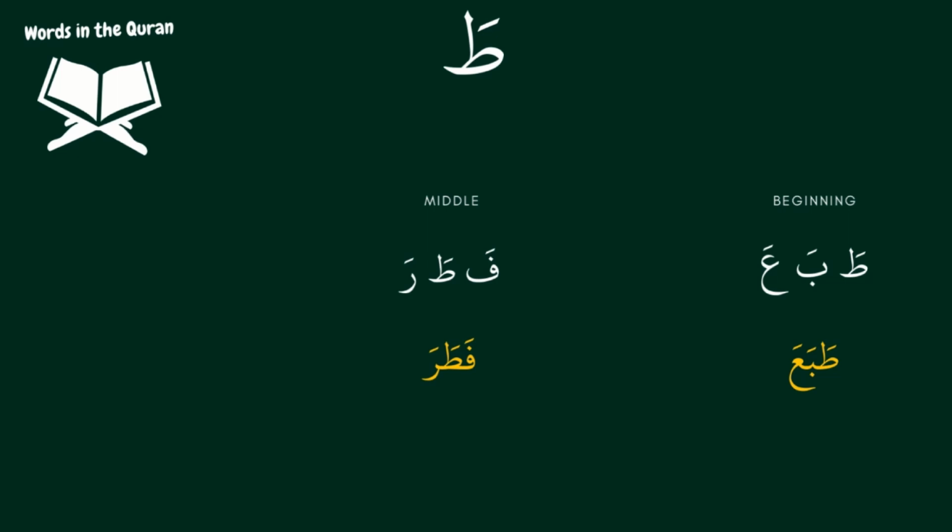Basato. As you can see, Ta is also a letter that doesn't change when joined. It looks really similar in the middle, at the end or in the beginning.